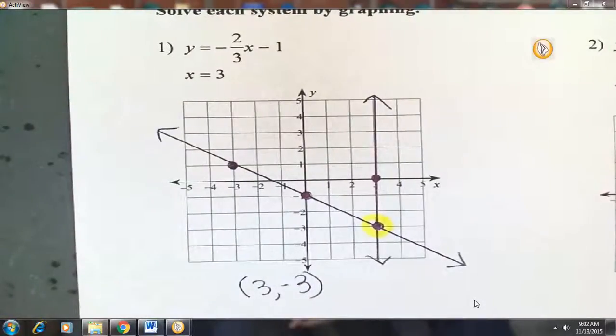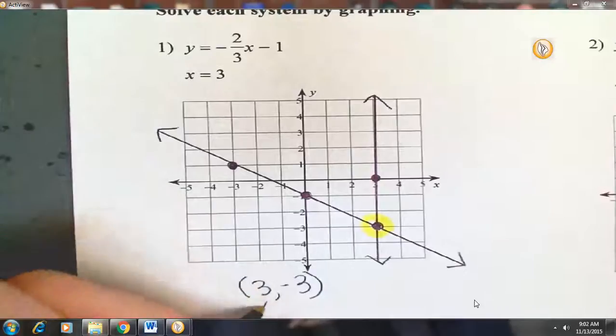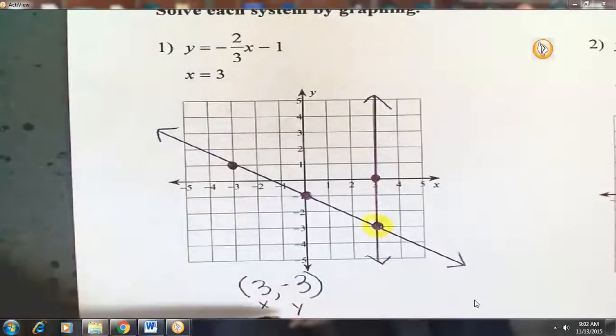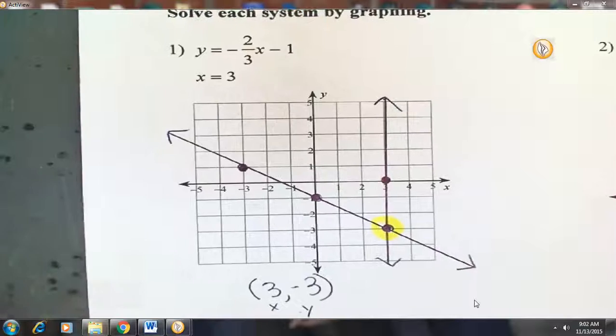Now, when it's actually a solution, it means that I could put that ordered pair into my equation, and it's going to work for both of the equations. In fact, it's the only ordered pair that should work for both equations. So I'm going to put 3 in for x, I'm going to put -3 in for y. Remember, if it really is a solution, it makes the equation true.